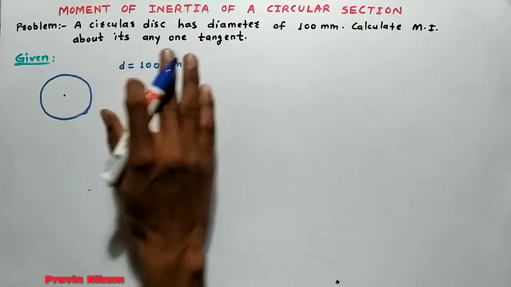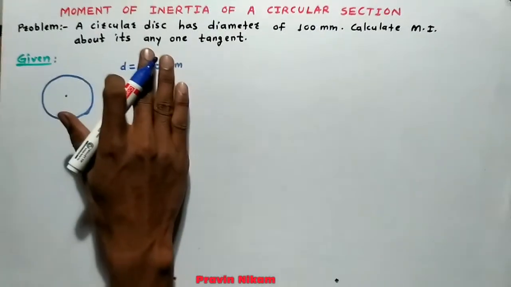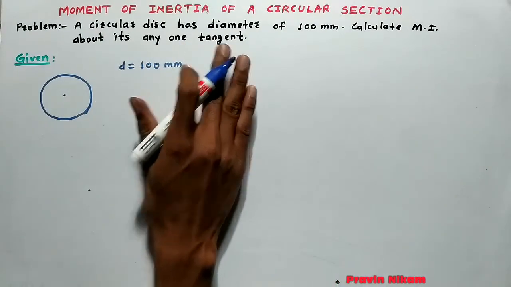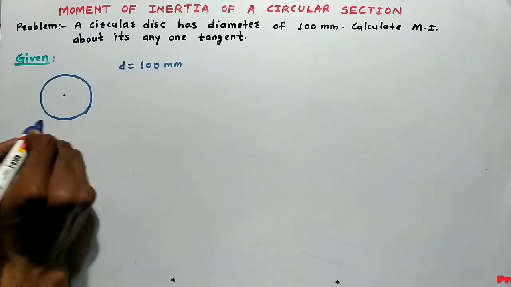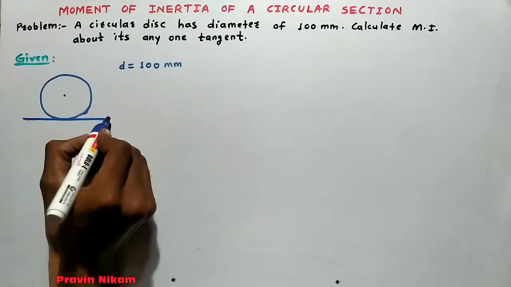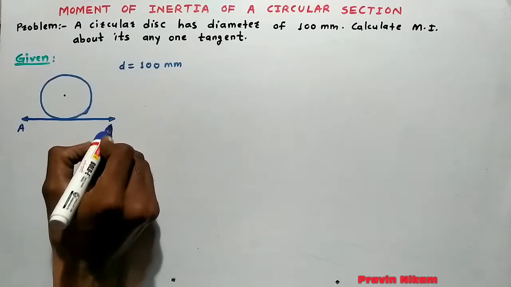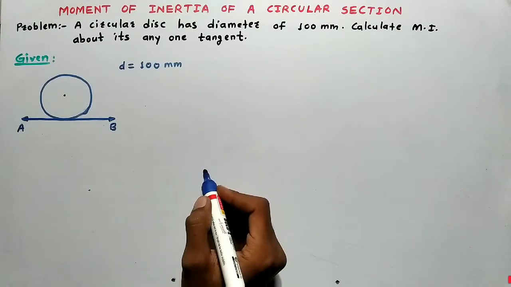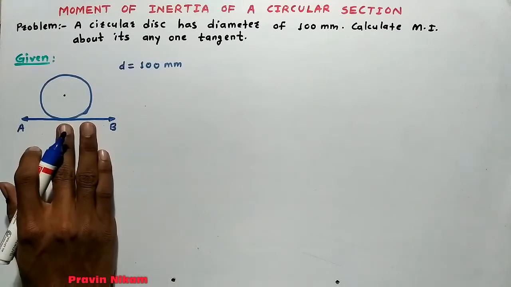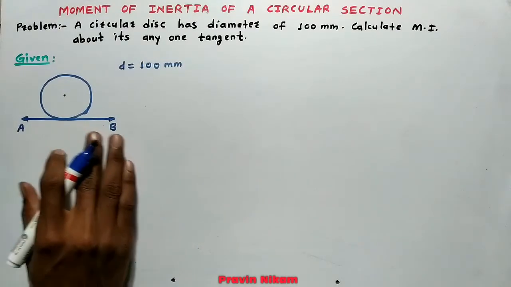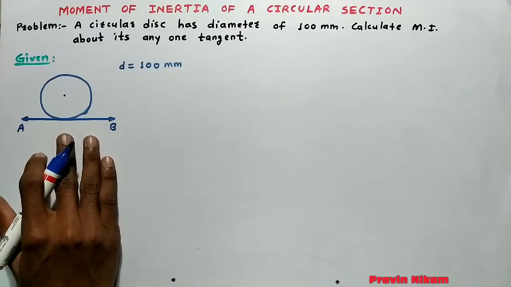Now we have to find the moment of inertia about any one tangent. I will take the tangent horizontal, so make this the AB axis. This is one tangent; I am taking a horizontal tangent here.